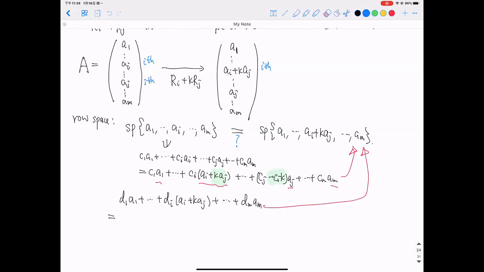What I'm going to do is look at this expression and just expand it out. This is Di Ai plus Di k Aj. Well, there was also another term containing Aj, that's Dj Aj.